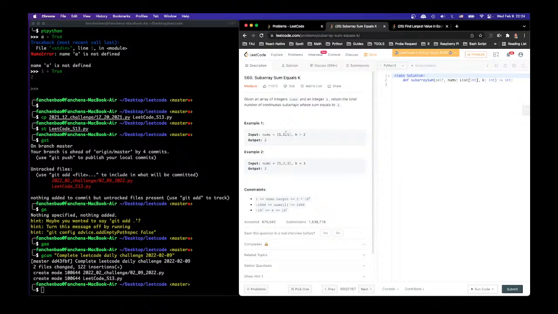Total number of continuous subarrays with sum equals to k, right? So for each subarray, we're ending at a certain value.